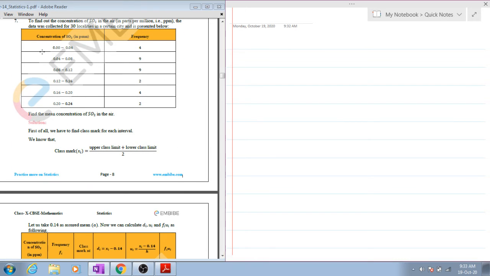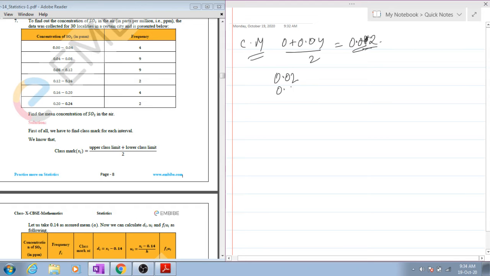Now you see out here 0 to 0.04, you have to find the class mark again. 0 plus 0.04 by 2 gives you 0.02. Okay, so 0.02, 0.06, 0.10, 0.14, 0.18 and 0.22.